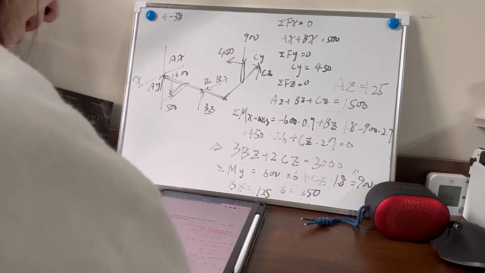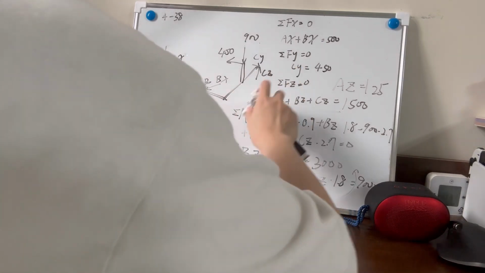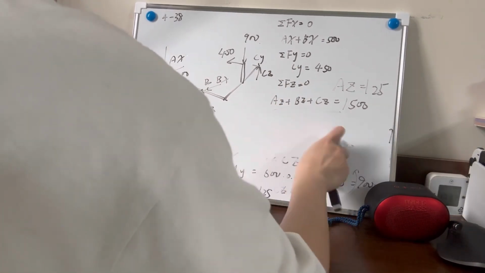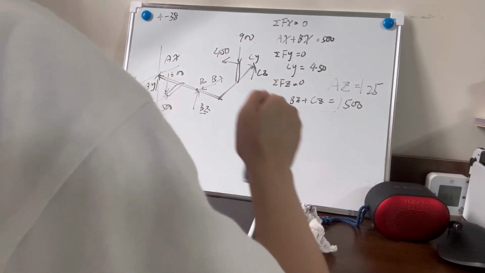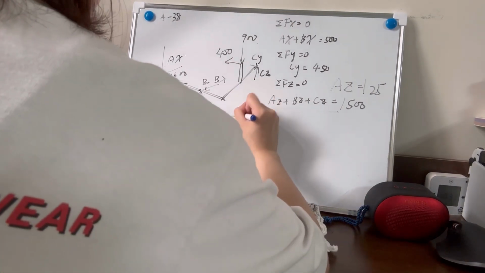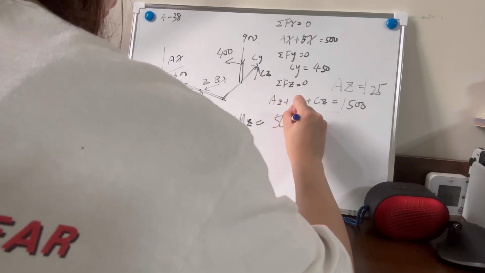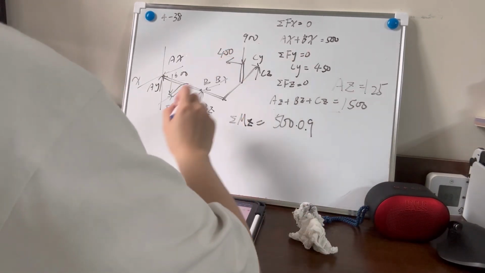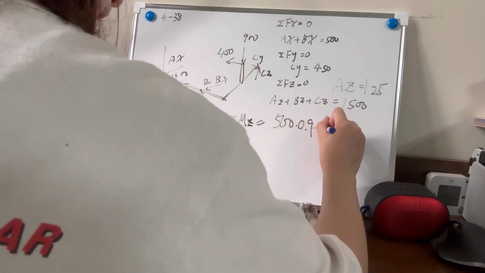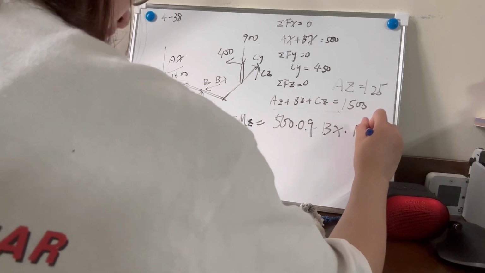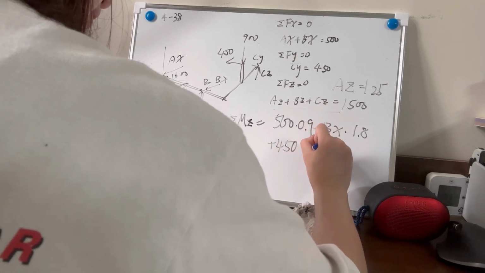And let's move on to the summation Mz. So the summation Mz is 500 times 0.9 because here and the distance, minus Bx times 1.8 and plus 450 times 0.9.